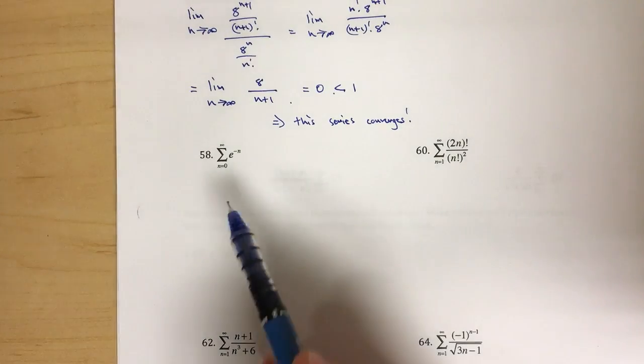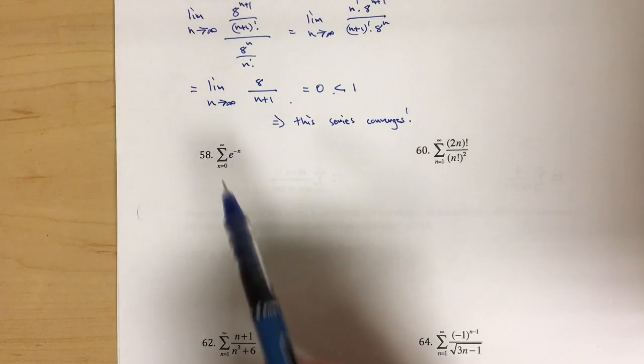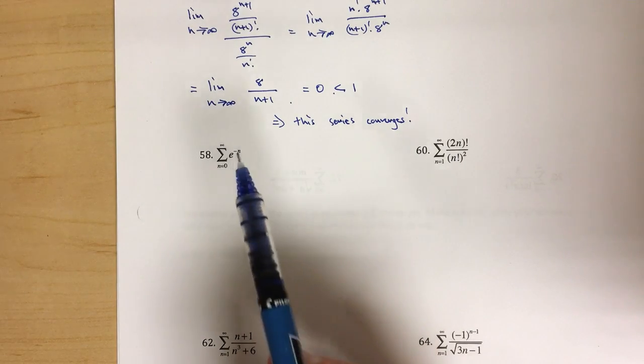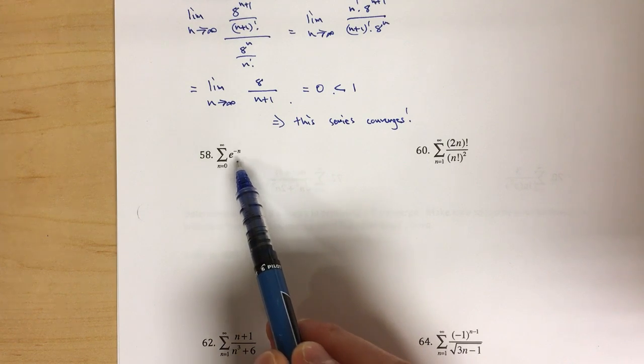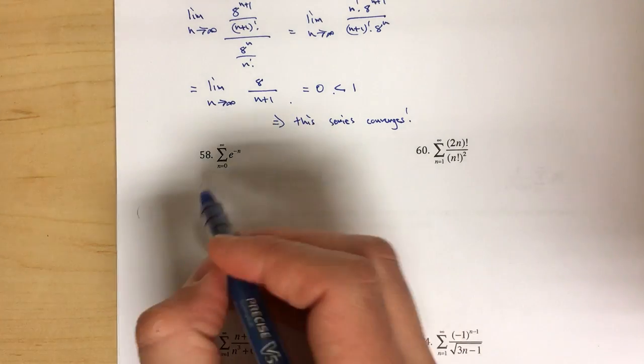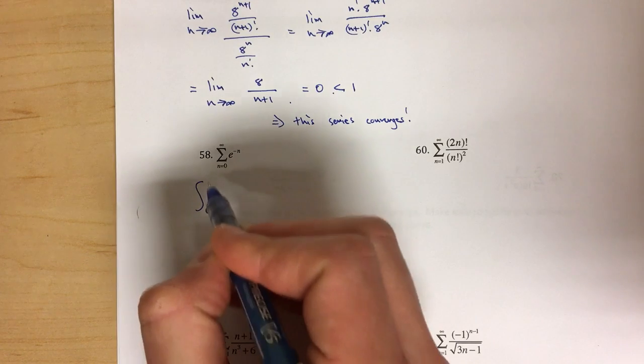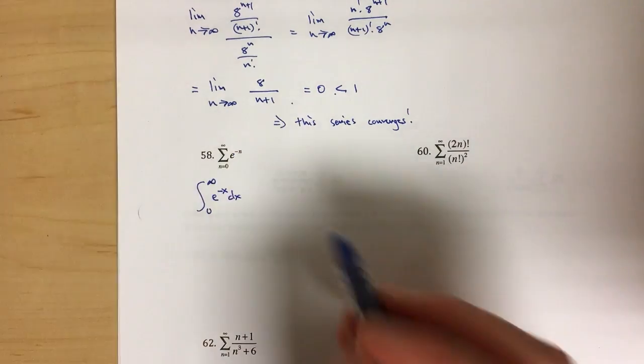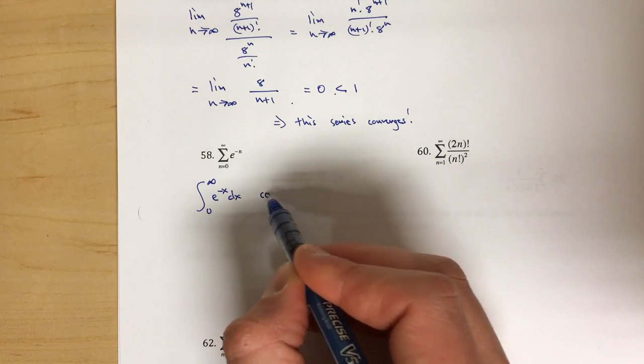Now, coming to 58. This looks like something I could integrate pretty easily, e to the negative x, and besides, it's a positive function that is decreasing, so the integral test applies. So let's consider the integral from 0 to infinity of e to the negative x dx. We actually know this converges.